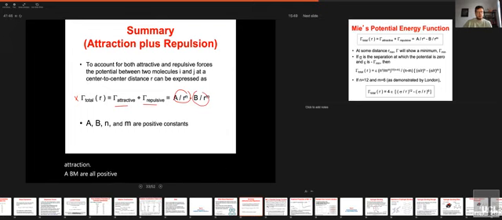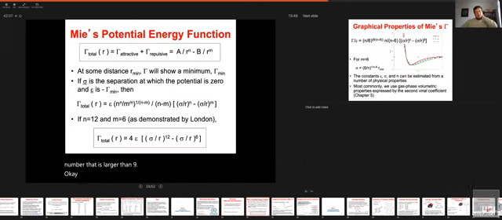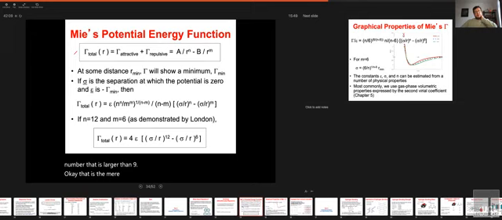R is the distance. And what we typically assume is that M is close to 6, or in general equal to 6, because typically it is a consequence of dispersion interactions. And what we want is that this N should be a number that is larger than 9. Okay? That is the Mie potential, because it just brings everything together.